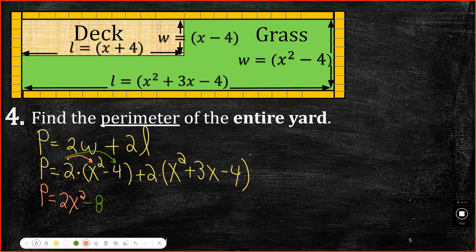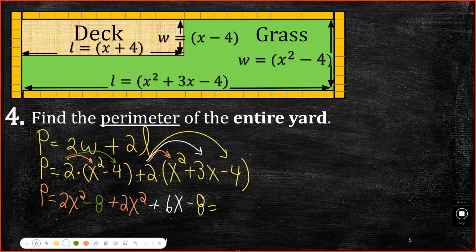What is 2 times x squared here? What is 2 times 3x? What is 2 times negative 4? Now we just have to simplify.